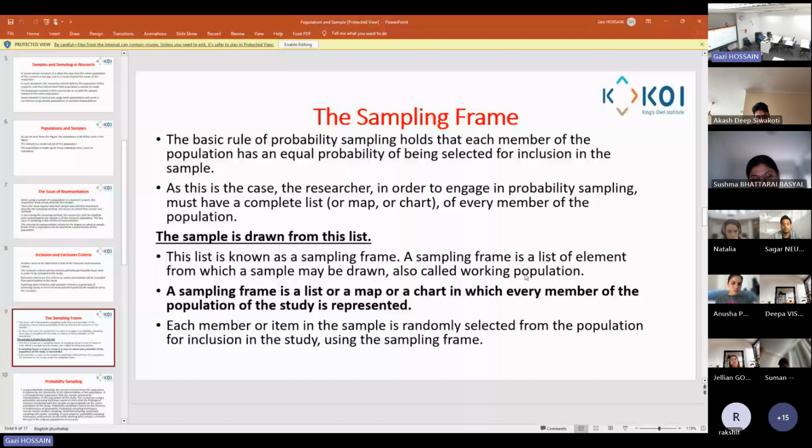Say, for example, we want bank managers. This is one of the elements. 5 years of job experience, another element. Working in a commercial bank, another element. Working in Australia, another element. And working as a senior manager. So these are the 5 elements. It is called the sampling frame.